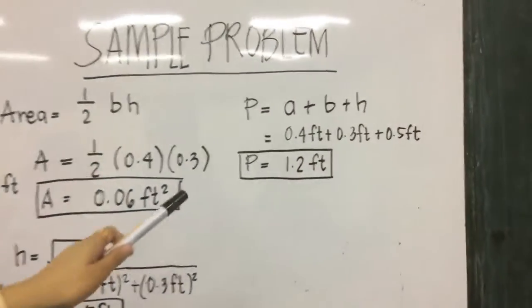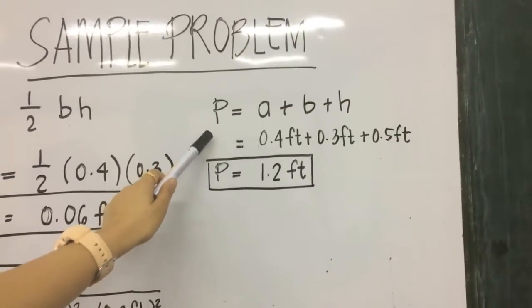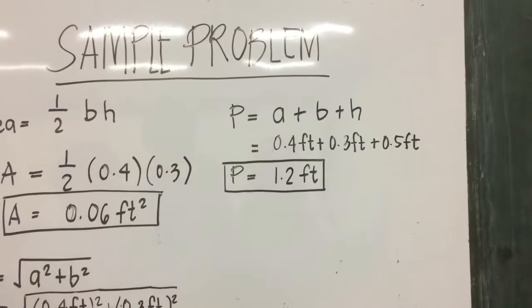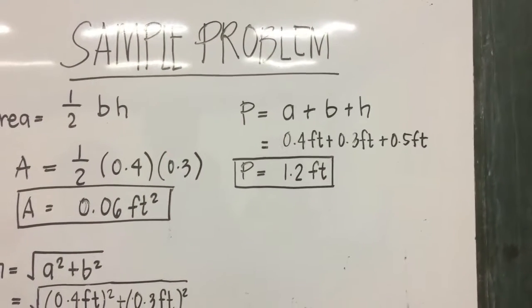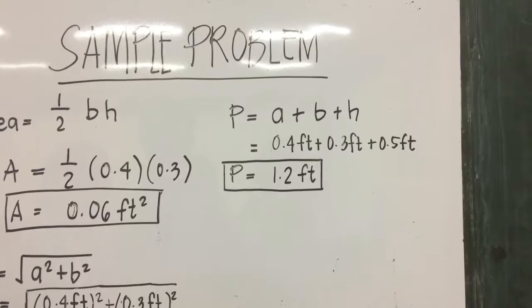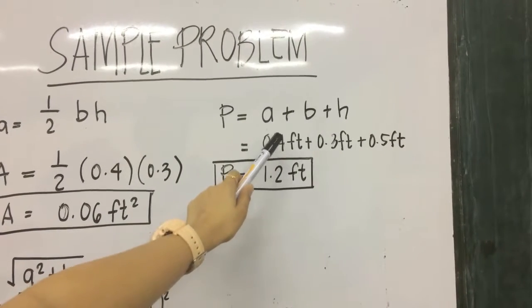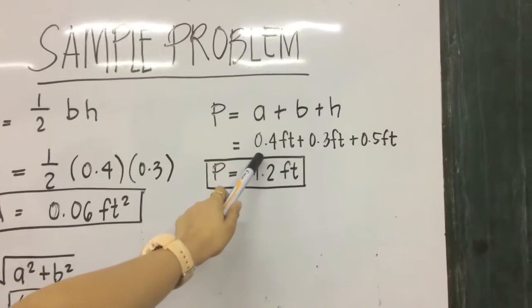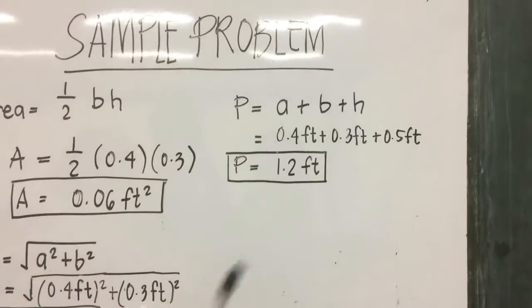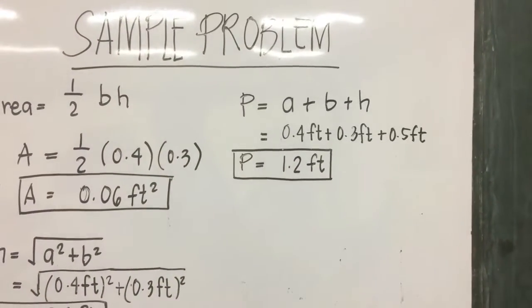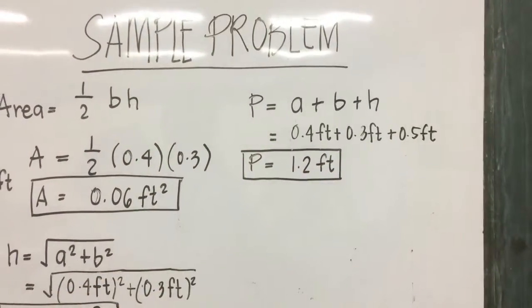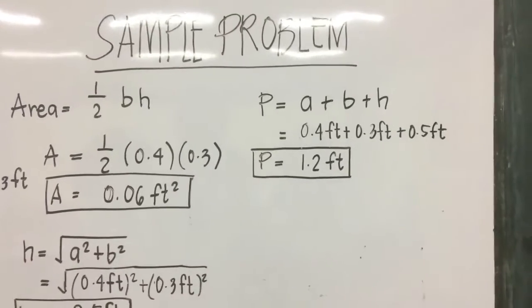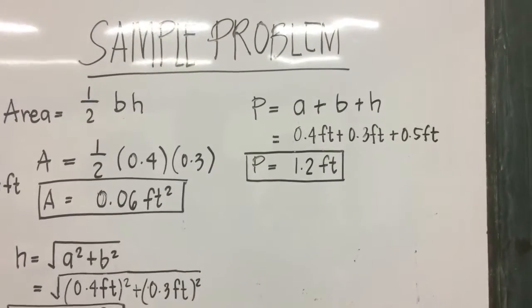To solve for our perimeter, since we already have the values of A, B, and H, we will substitute them into our formula. We have 0.4 feet plus 0.3 feet plus 0.5 feet. That will give us a perimeter of 1.2 feet.